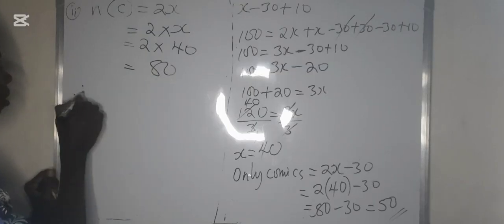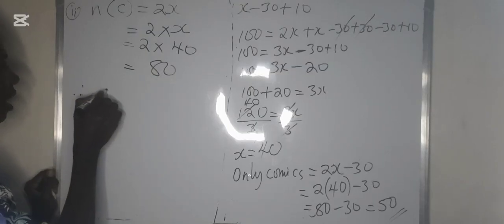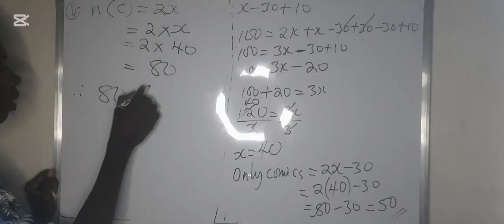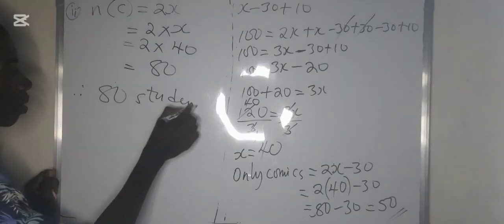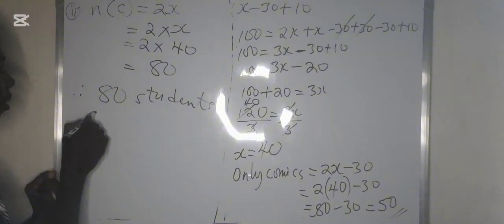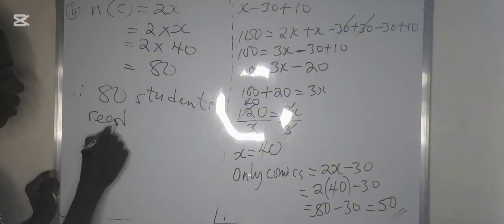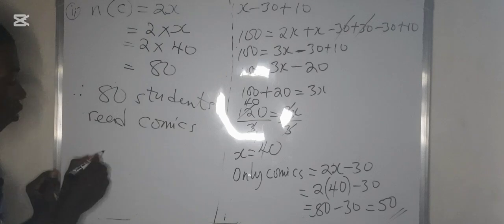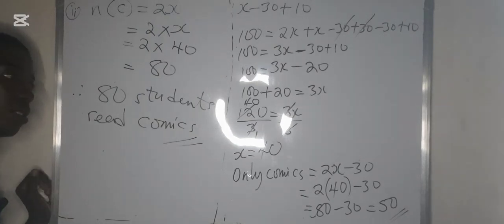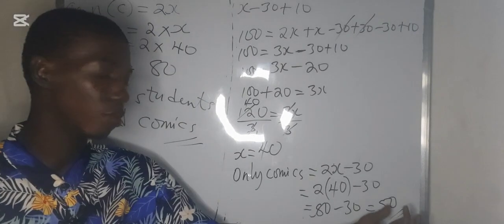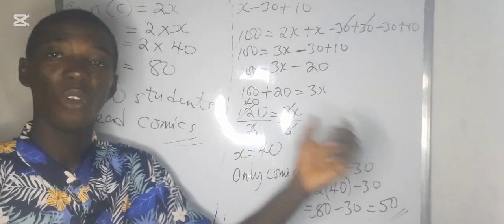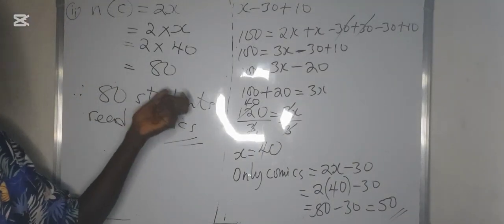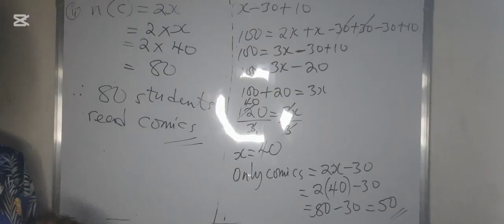So therefore, 80 students read comics. Not comics only, but comics. So comics only is 50. The number of students who read comics is 2x, that is 2 times 40, which gives us 80. They are quite different.